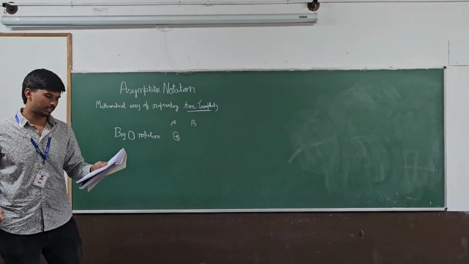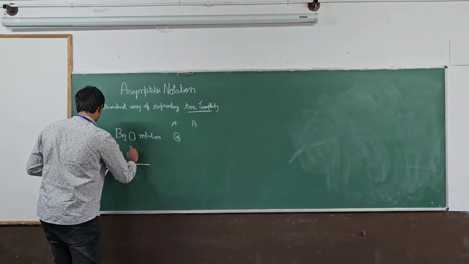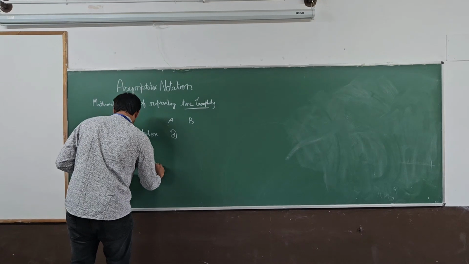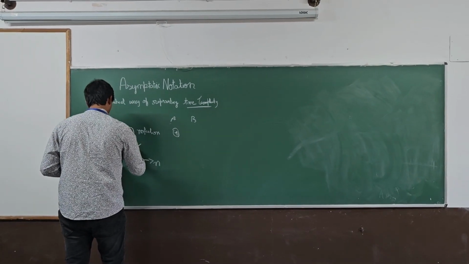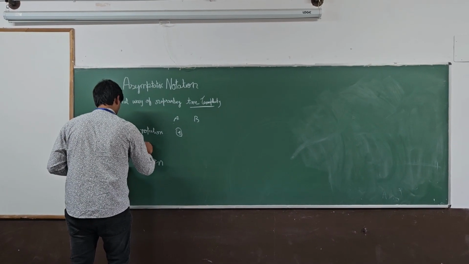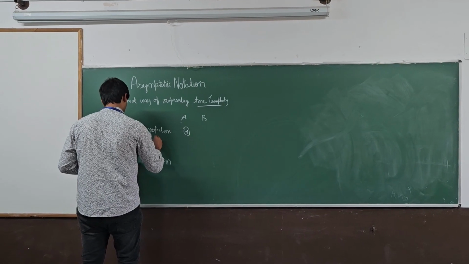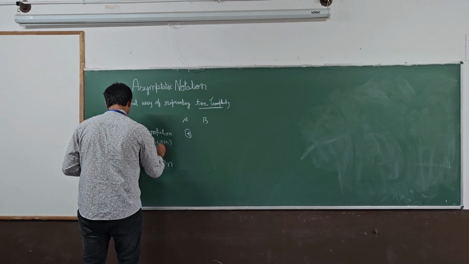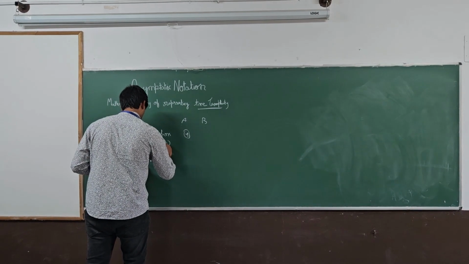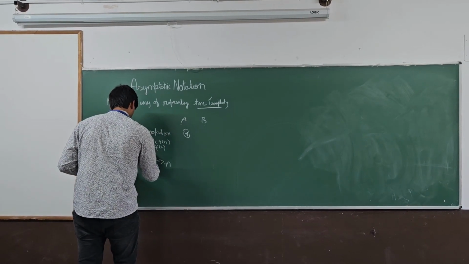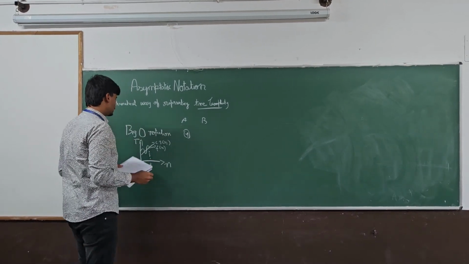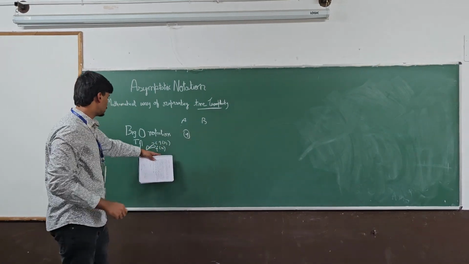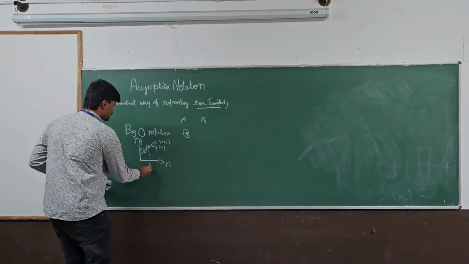We can explain this using a graph. Here f of n is a function and c is a constant.